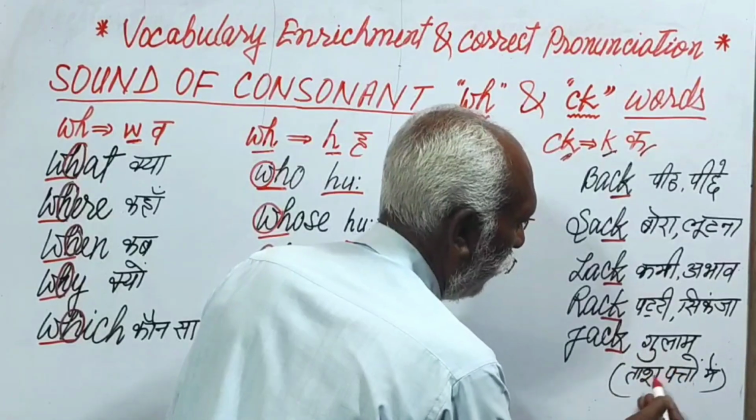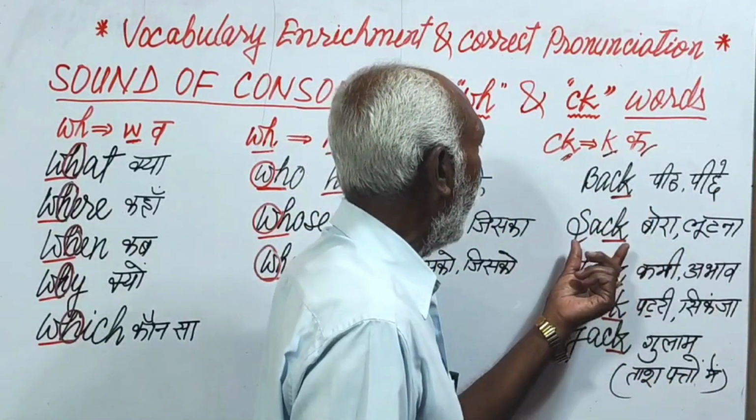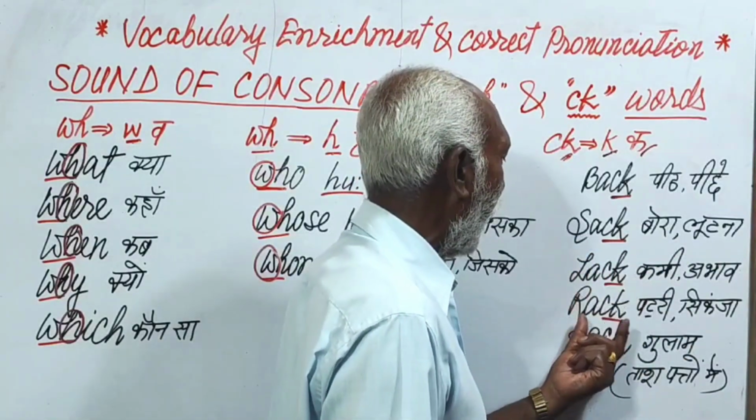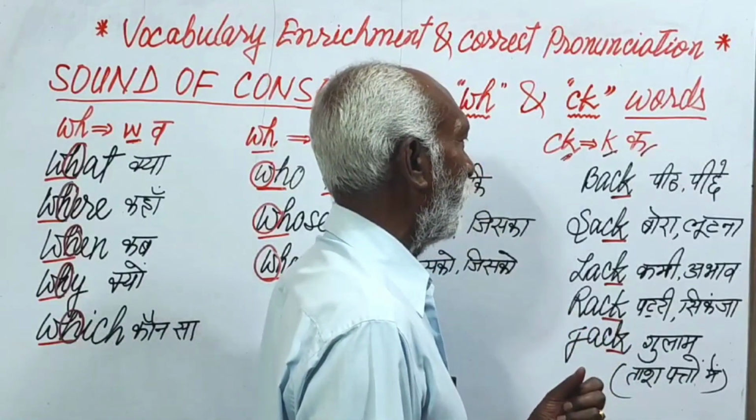CK here you find, the knave in playing cards. So here we have CK: back, sack, lack, rack, and jack.